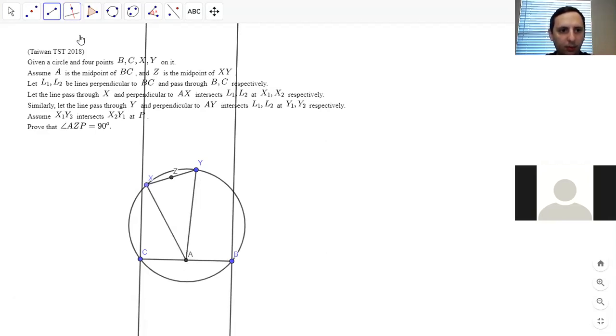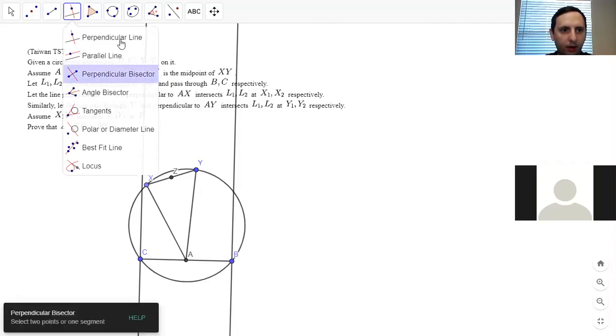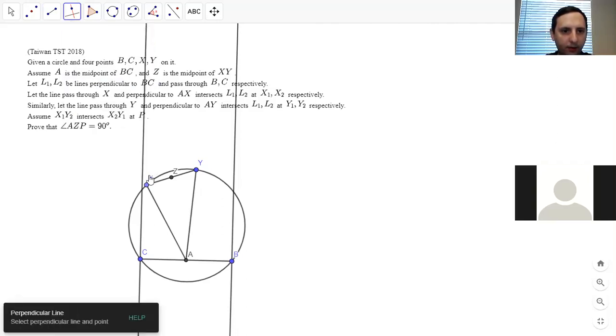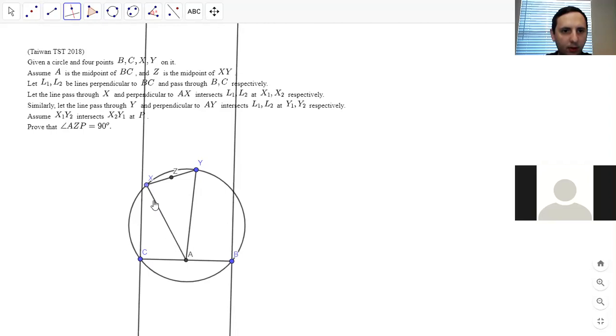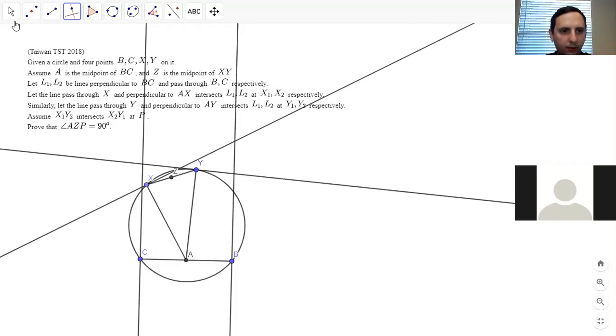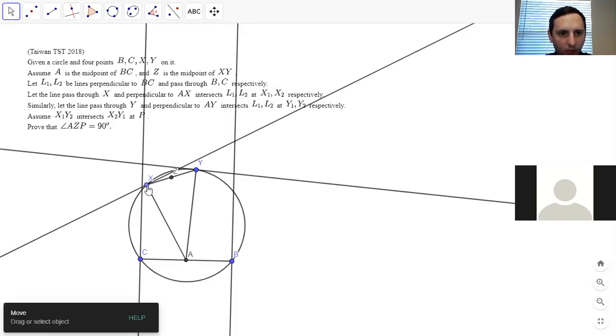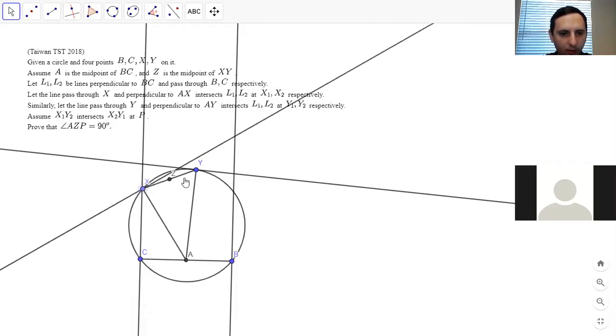And we want to draw the perpendiculars to AX through X and to AY through Y. And we want to look at those 4 intersection points. So let's see how I want to do this.